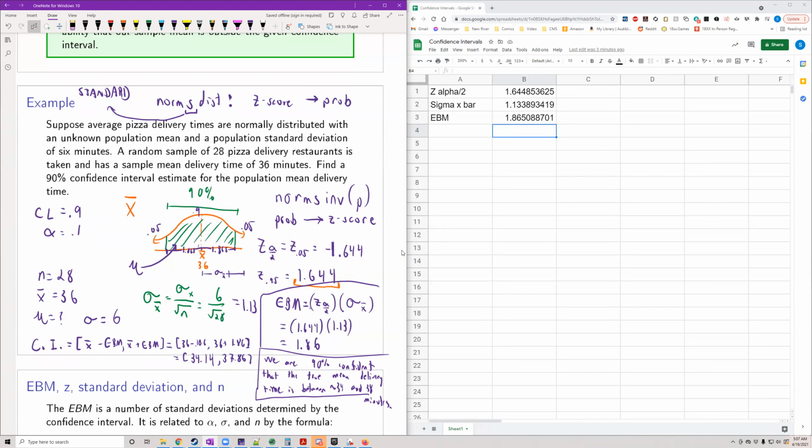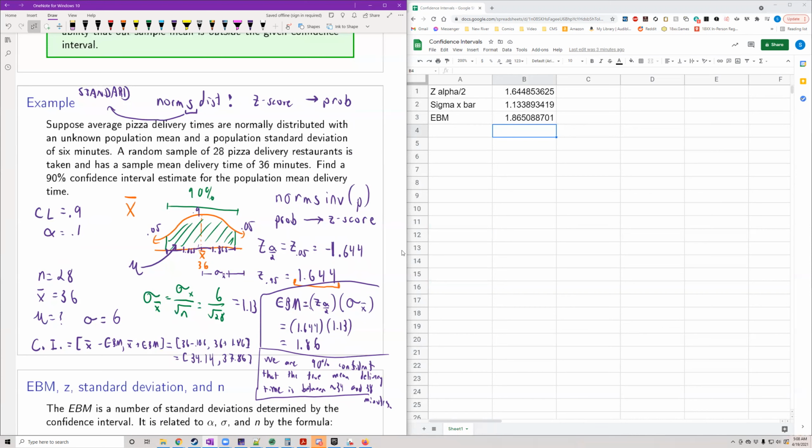So what we did is we calculated a 90% interval where we're 90% confident that a sample would fall within that range based on what we calculated from our sample.